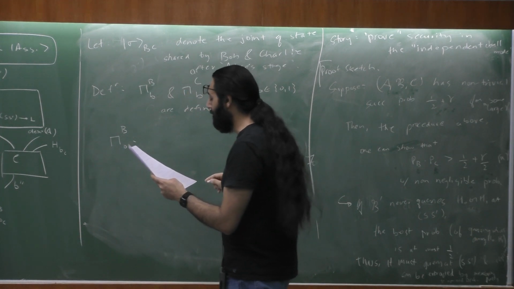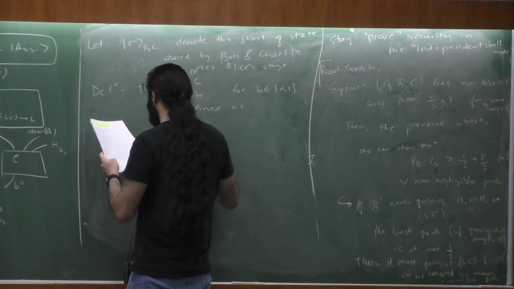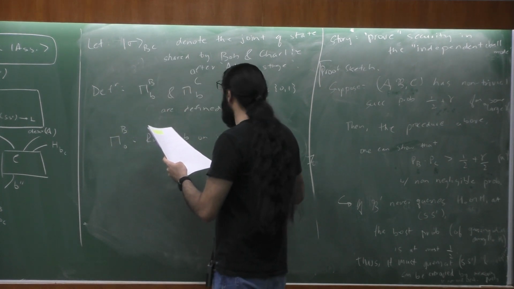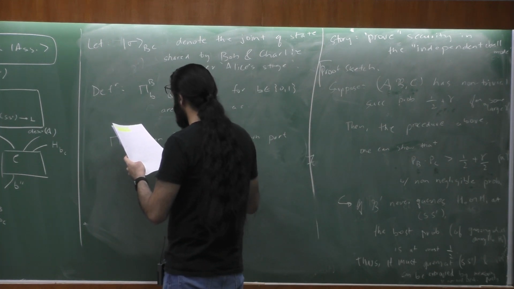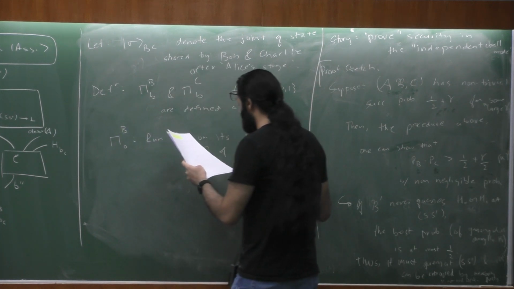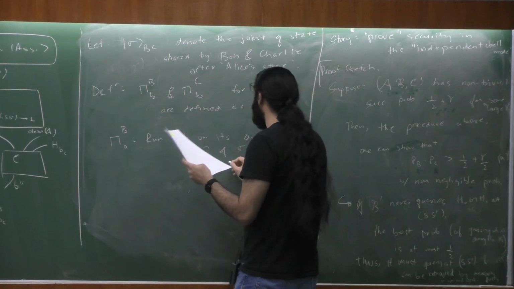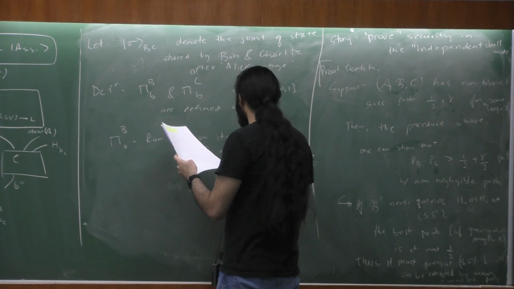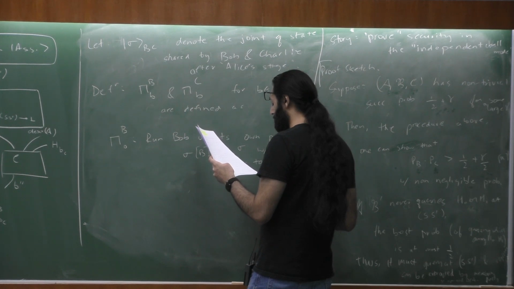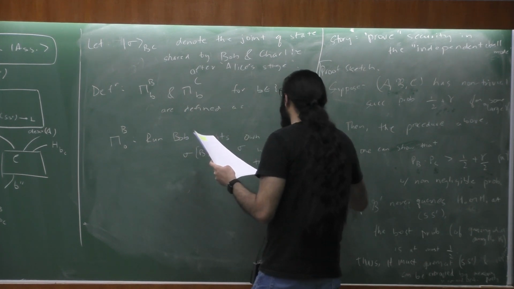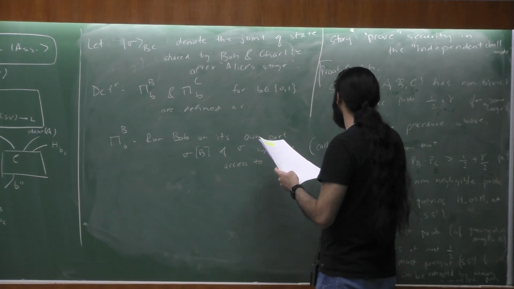This says run Bob on its own part, sigma B of sigma, with oracle access to h0. So this part we are calling it U.